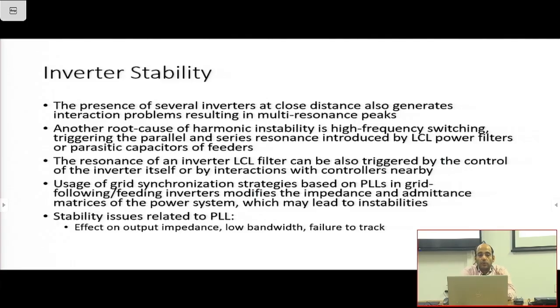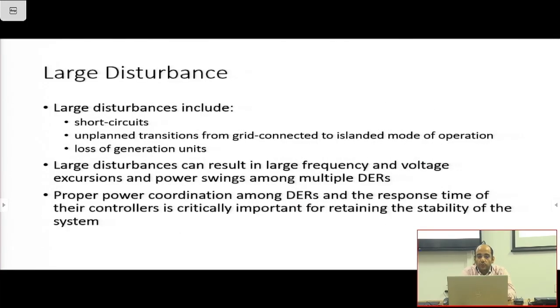Okay, so the whole point is the PLL also has to be properly designed. The control, not just of the inner loop or the outer loop, but every aspect of the control has to be properly designed.